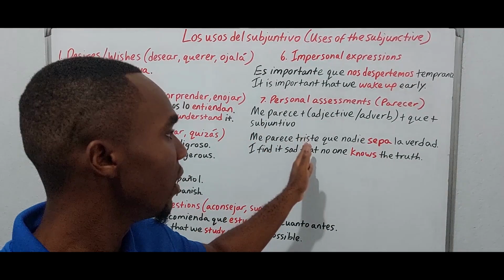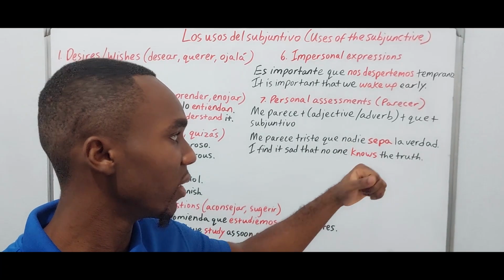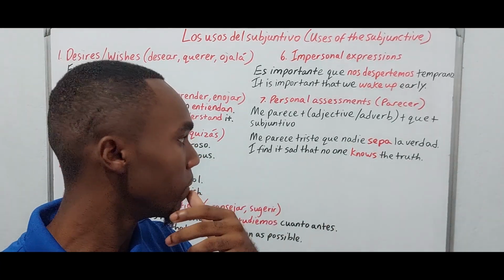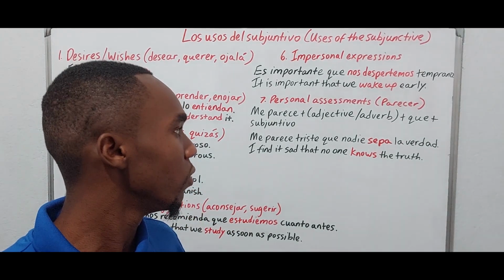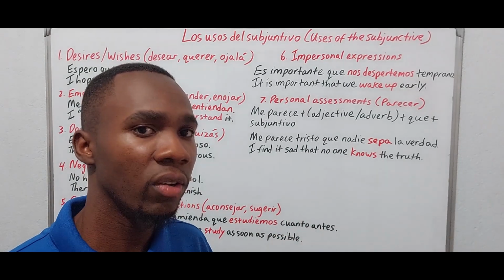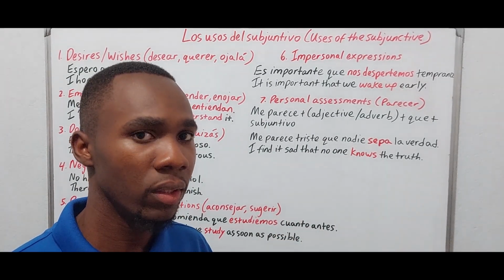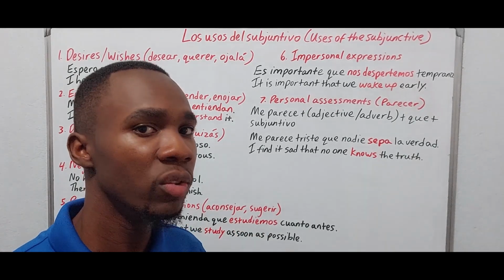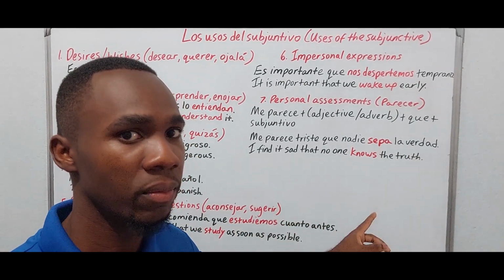Me parece triste que nadie sepa la verdad. I find it sad that no one knows the truth. So we would use the subjunctive with personal assessments or like opinions, but only when we use an adjective or an adverb.